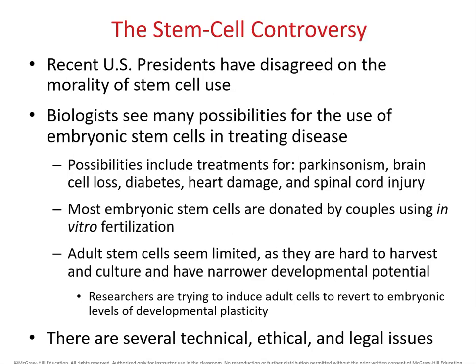So if a couple is trying to have a child by in vitro fertilization, they may have 10 to 20 egg cells fertilized by sperm cells, but only 2 to 3 implanted in the uterus. Those other fertilized cells could be donated and allowed to develop through early stages, and then embryonic stem cells used in research.